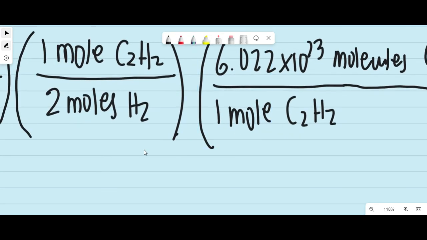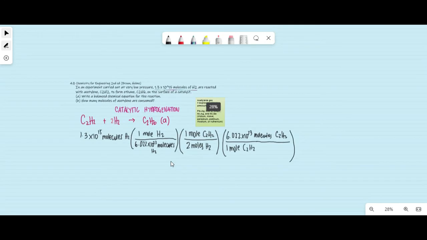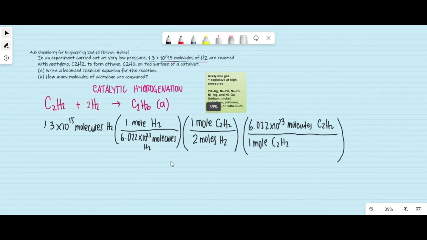Okay, so let's look at the units. Our expected units are molecules of C2H2, and we have arrived at that. The molecules of H2 and mole cancel, and this is the molecules of acetylene. You might wonder, we already divided by molecules, and we have to multiply again by molecules. Why don't we just divide by 2 right away?